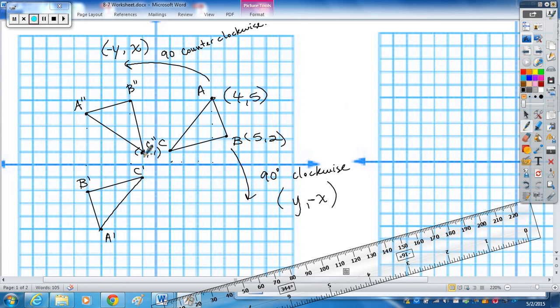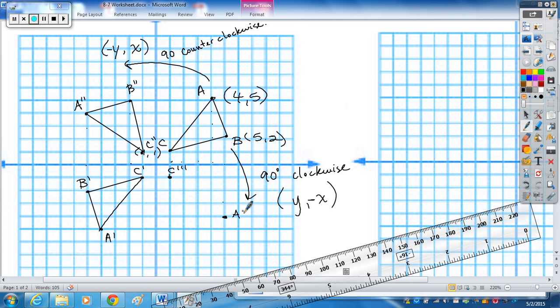So as we do this, I switch them. 1, 1 still is 1, 1. But this time, my second value is negative, so it's going to be 1, -1. C triple prime, okay? I have 4, 5, switch them, that's 5, 4, but my second value is negative. So 5, -4.